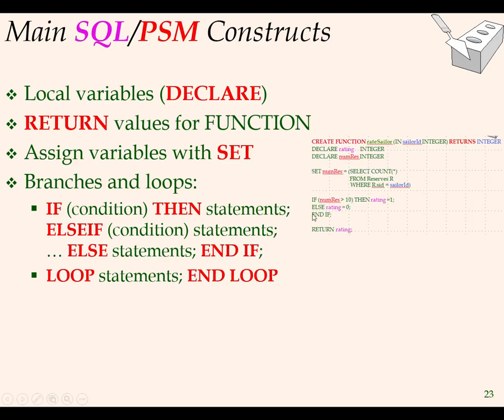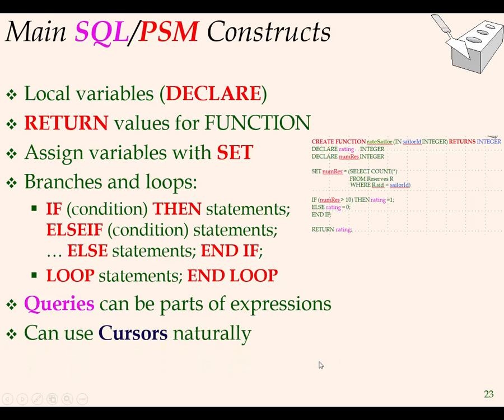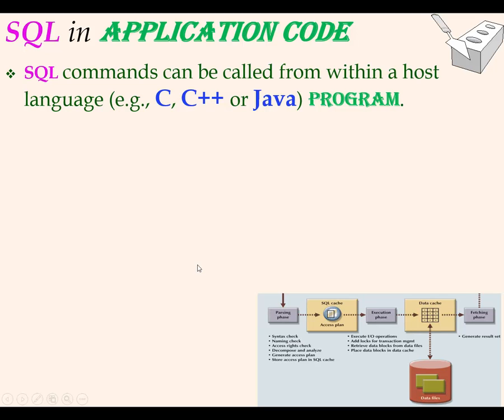You have to use end if. You have loop and end loop, so that's how you delimit your loops. Queries can be part of expressions, can use cursors, you name it. So you are just trained in how to use another language, PL/SQL or T-SQL.